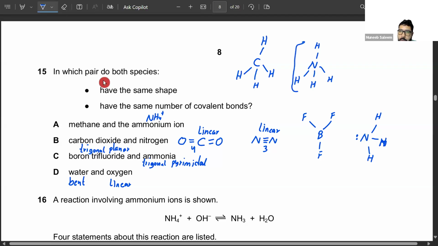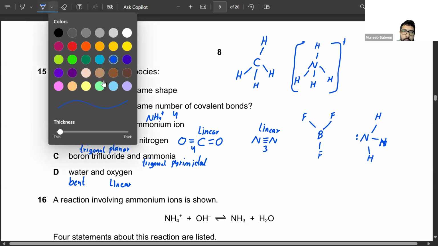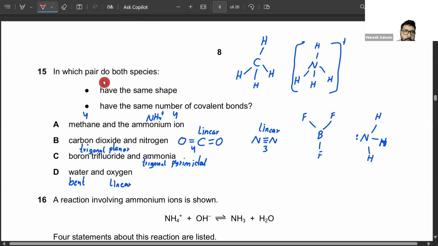And the whole compound is present within the bracket with +1 charge. There are equal number of covalent bonds, which are 4 in each, 4 bonds in methane and 4 bonds in ammonium. So shapes are the same, tetrahedral in both cases, and the bonds are also the same. So A is the correct answer.